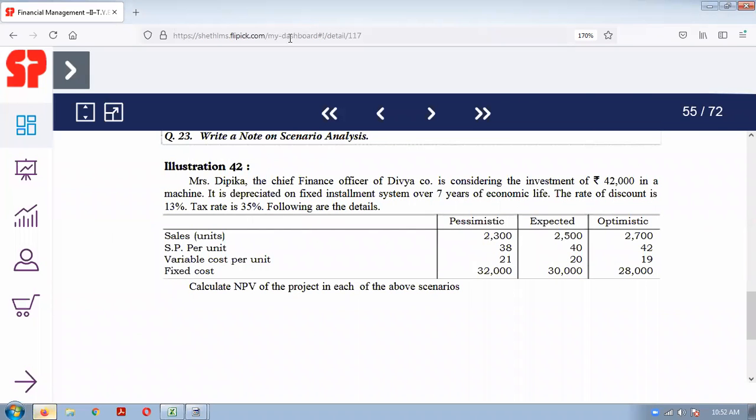Okay, so see, let us understand this illustration. Mrs. Deepika, the chief financial officer of Divya company, is considering the investment of rupees 42,000 in a machine. She wants to take the decision of investing rupees 42,000 in a machinery.